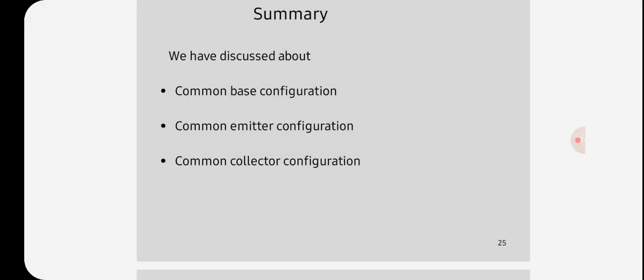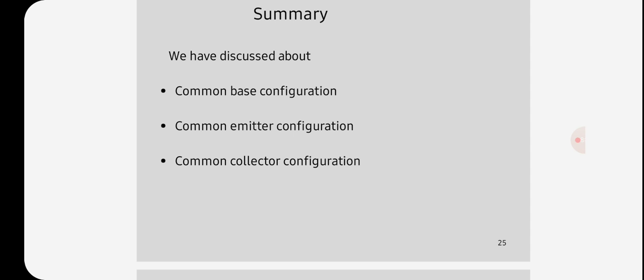In the comparison of amplifier configurations, we compare the quantities for common base, common emitter and common collector. In case of current gain, common base has nearly unity, that is 0.9. Common emitter is high, that is minus 47.6.